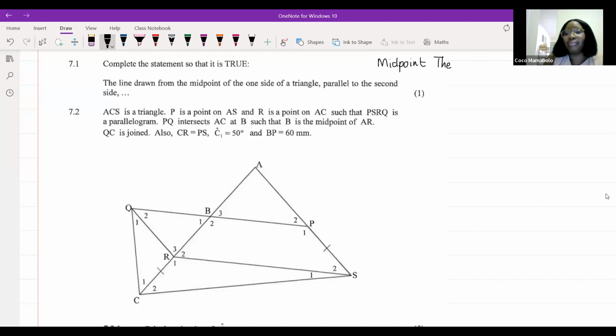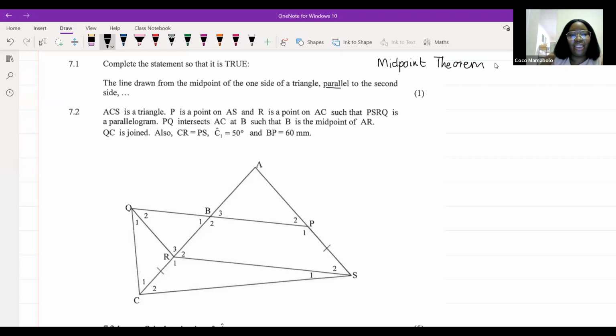And it's lovely because they start us off by reminding us what the midpoint theorem says. It says here, complete the statement so that it is true. The line drawn from the midpoint of one side of a triangle parallel to the second side, what does that line do?